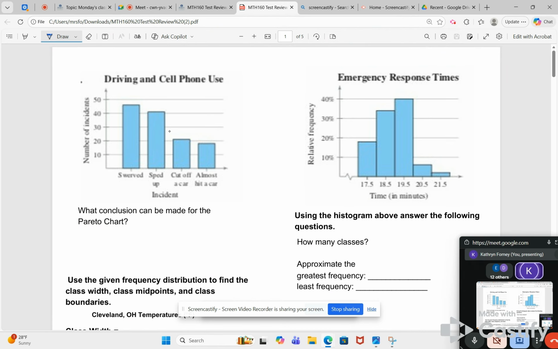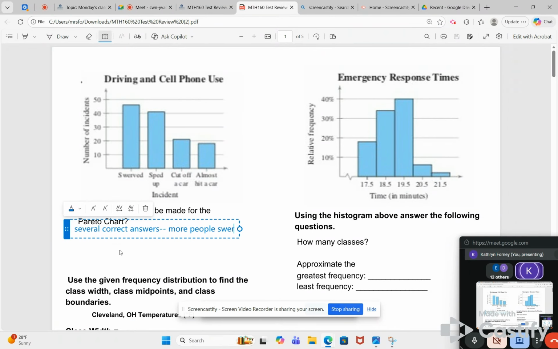You could even say approximately 20 accidents happen when people are using their cell phone. So, for this, there are several correct answers. It could be more people have accidents when on their phone by swerving.